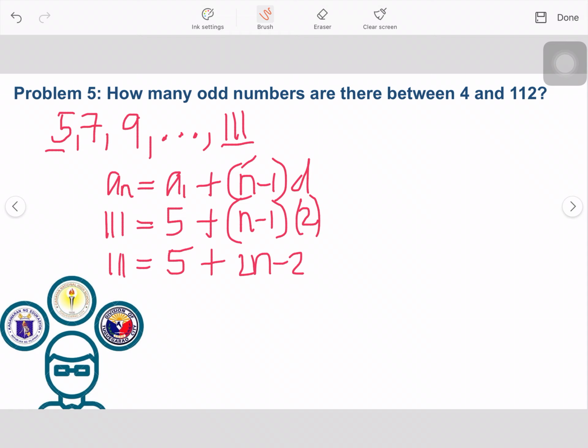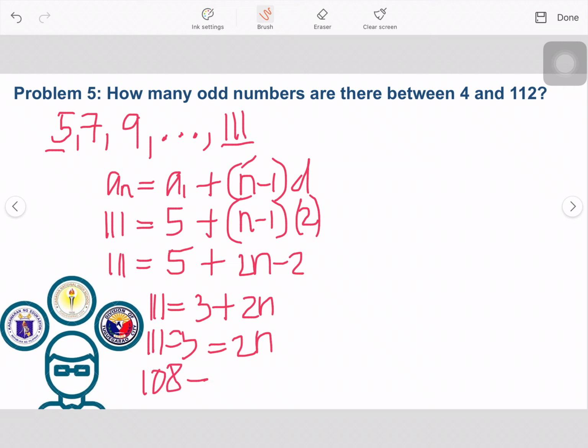And 5 minus 2 is 3. So what's left on the right side is 3 plus 2n. Transfer 3 to the other side, that's 111 minus 3 is equal to 2n. That gives us 108 is equal to 2n.